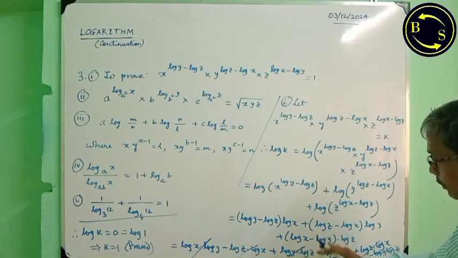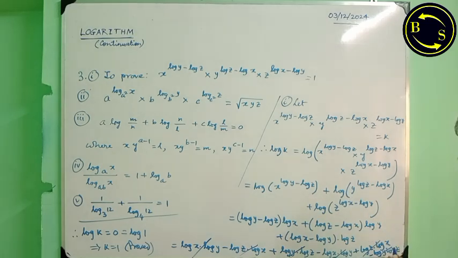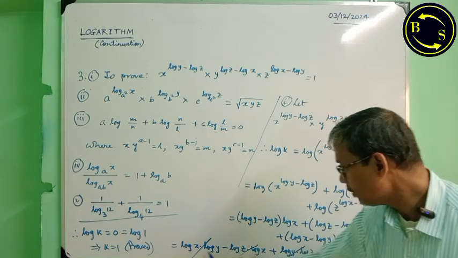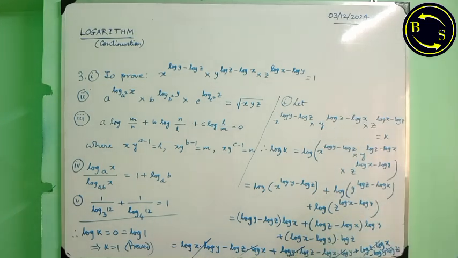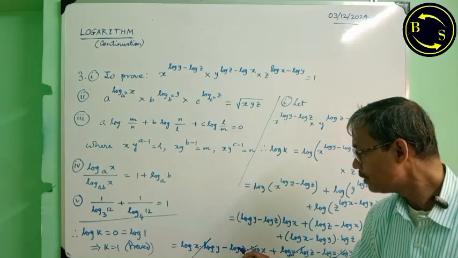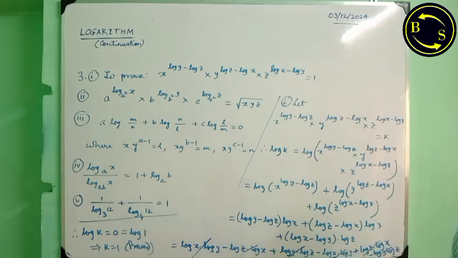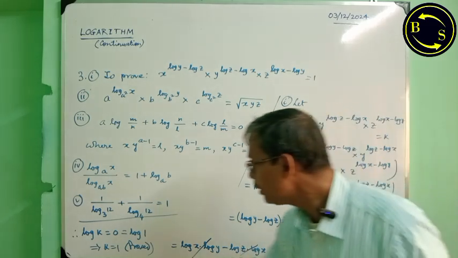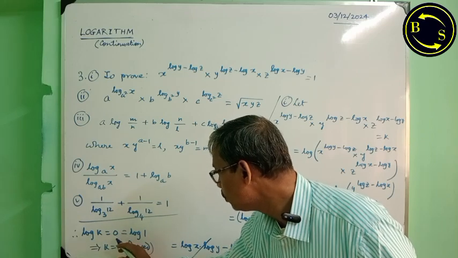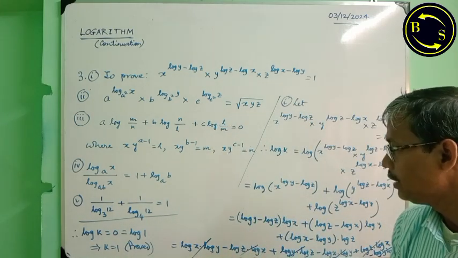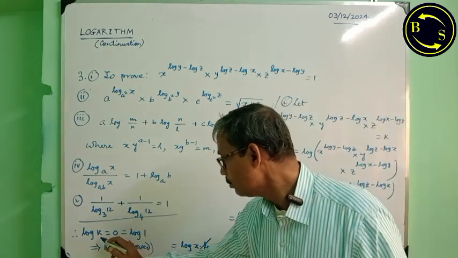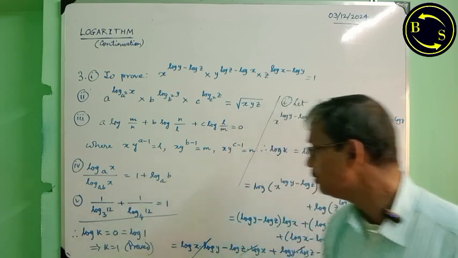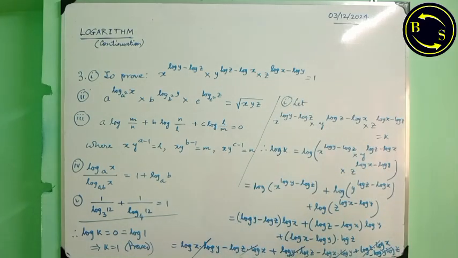I have applied those formulas, and we have got at the end step the large expression, each term of which will be cancelled. That is, finally log k equal to 0, which is equal to log 1. Therefore we conclude k equal to 1. Therefore the sum is solved.